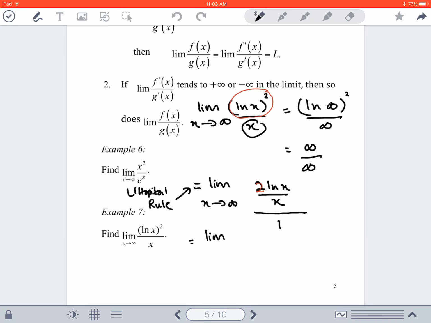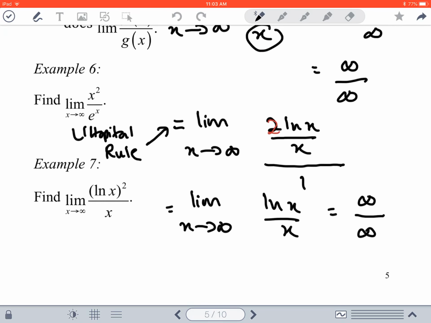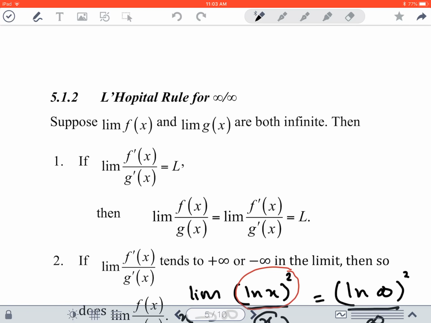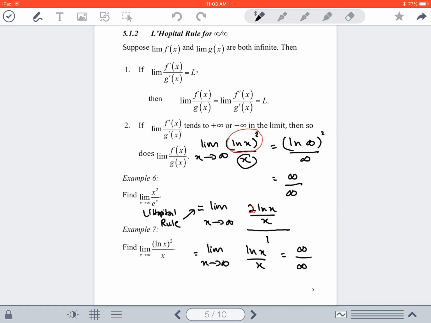Meaning that you want to find the limit as x approaches infinity. So now we have ln x over x, and we substitute the value. Still infinity: ln of a very large number over infinity. Because we still have the infinity over infinity case, for the second time, you can apply L'Hopital's rule again.